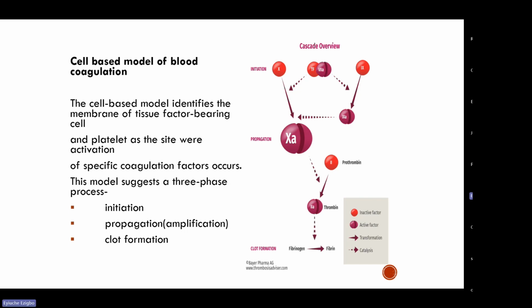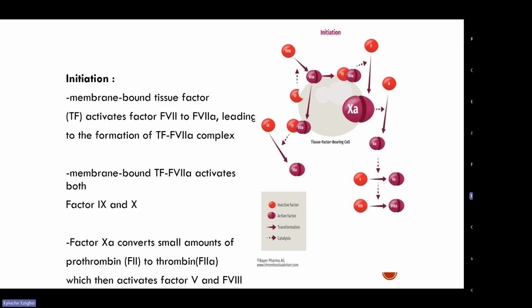So the cell-based model identified the membrane of tissue factor-bearing cells and platelets as the site where activation of specific coagulation factors occurs. This model suggests a three-phase process: initiation, propagation, and clot formation. So the initiation process: recognize that these tissue factors are membrane-bound.